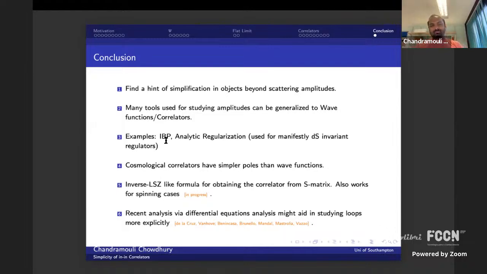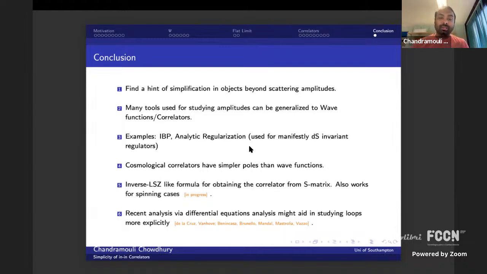And in AdS and dS, we use that to obtain recursion relations and various other things. Then this also provides a way to find answers that are manifestly de Sitter invariant. In other words, the answers which satisfy conformal Ward identities. You can write down regularization schemes which do it.